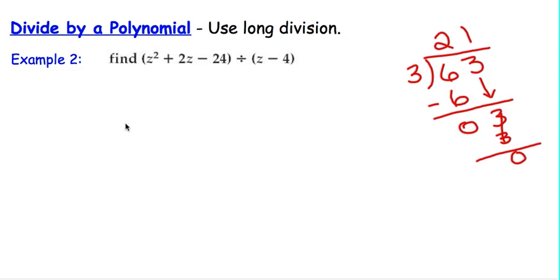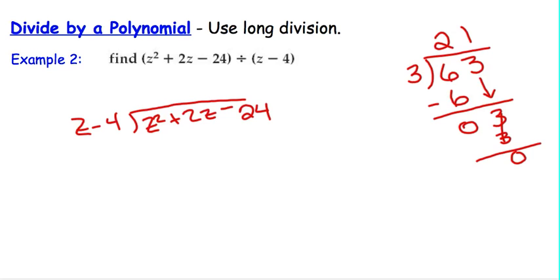We're going to follow the same process for this problem. Z minus 4 is going to be on the outside. And z squared plus 2z minus 24 is what's inside the division sign.